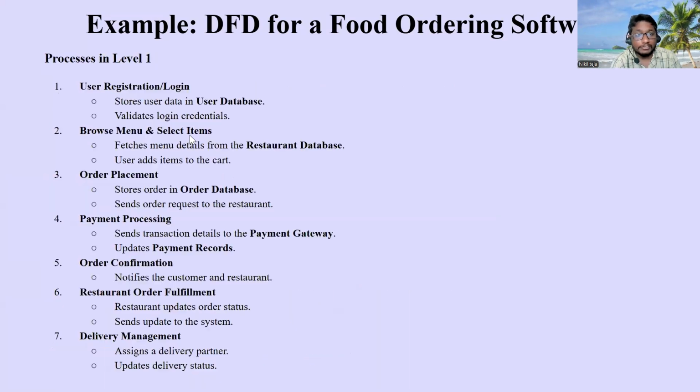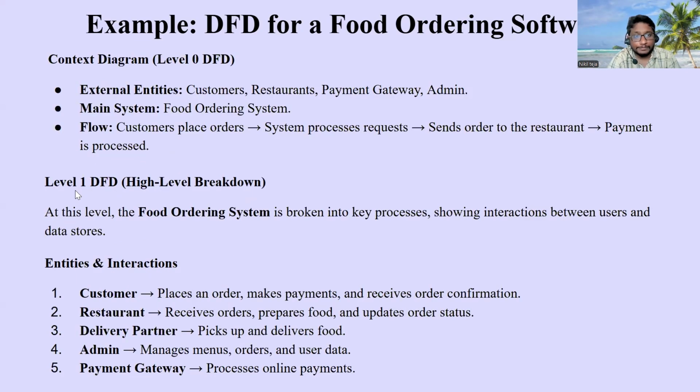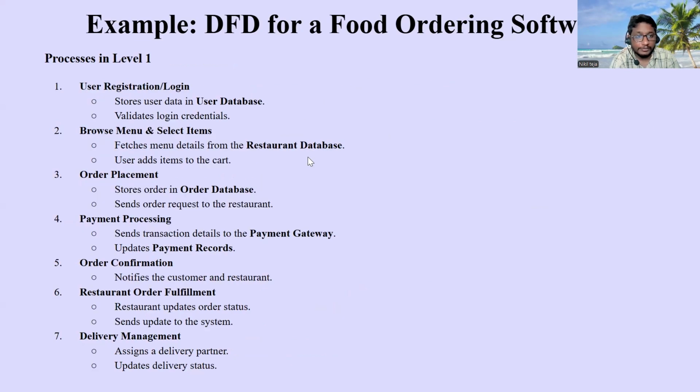He places an order with the help of a login. He will be selecting the items, then he will be doing the order payment, right? System processes request. Now, payment: the system will be processing the request. It will be going to the restaurant. It will be notifying the restaurant, and the restaurant will be reverting back to the system. It will be doing the detailed breakdown of the level 0 diagram.